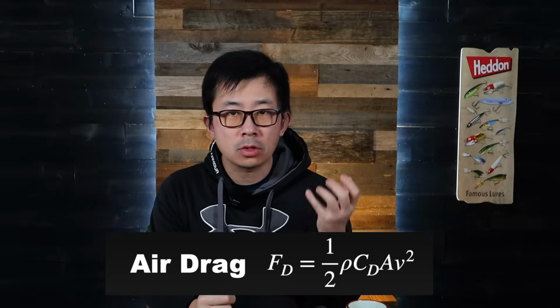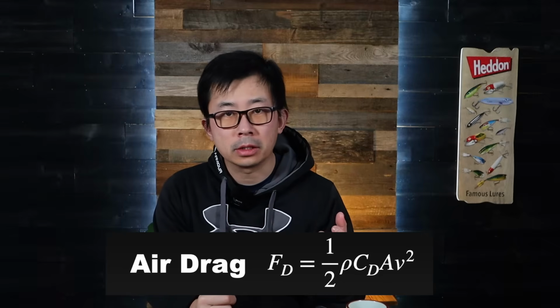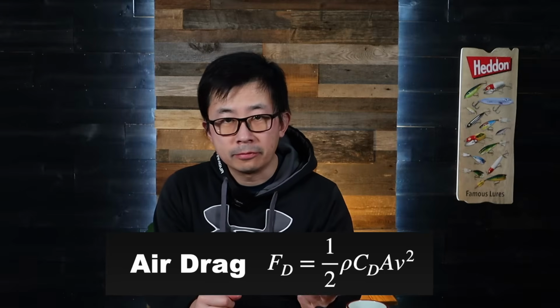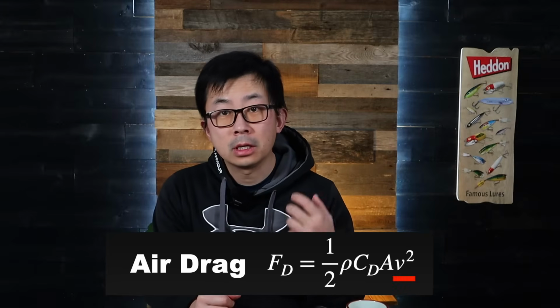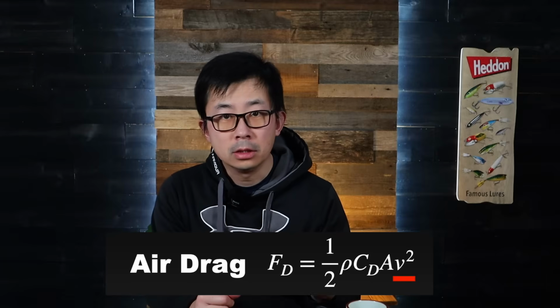Now, in our last video, we talked about the dark force, aka the air drag or air resistance. From the equation, we know the reason why it is so hard to cast directly into the wind is because the wind is increasing the relative velocity v. Because air drag is proportional to the square of the relative velocity, if your lure flies at 20 miles per hour in windless conditions, then all of a sudden you get a head-on gust at 20 miles per hour as well.